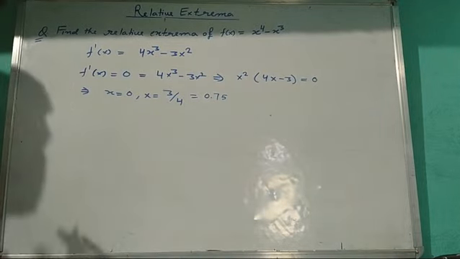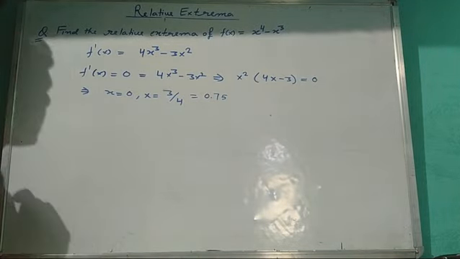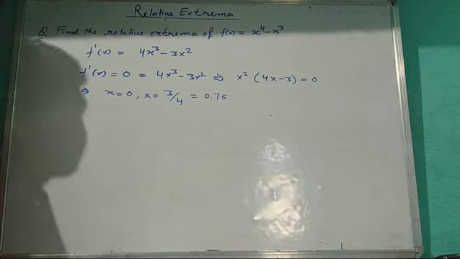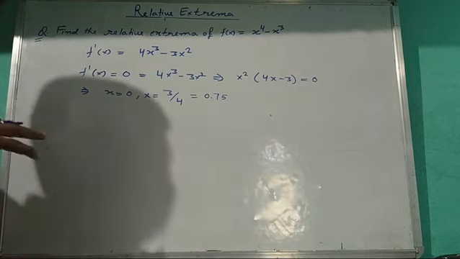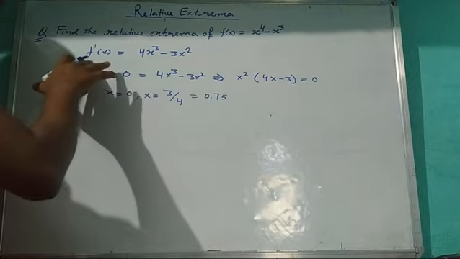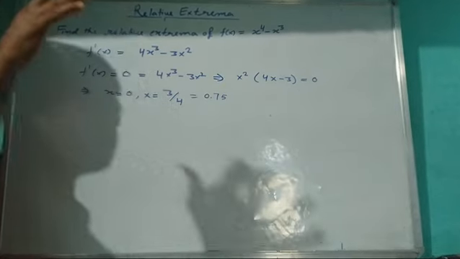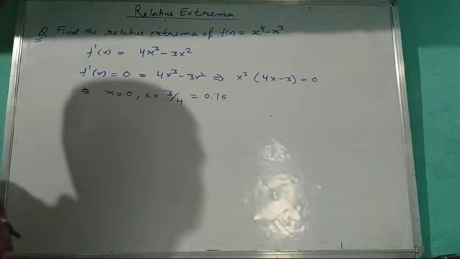3 upon 4 is approximately 0.75. Now we have two critical points for the function f(x) equal to x to the power 4 minus x cube.